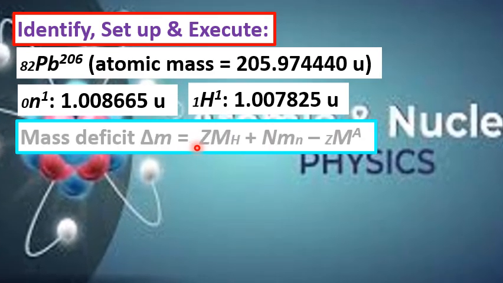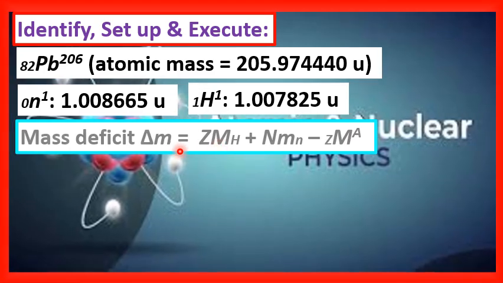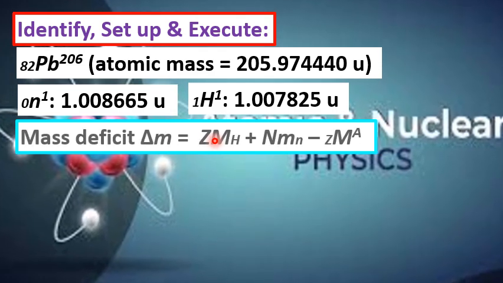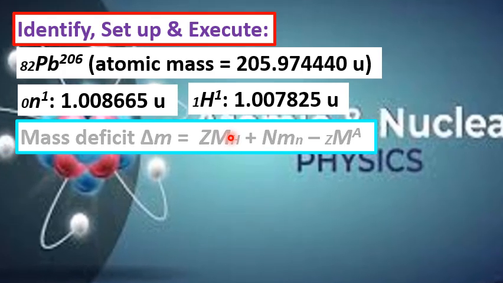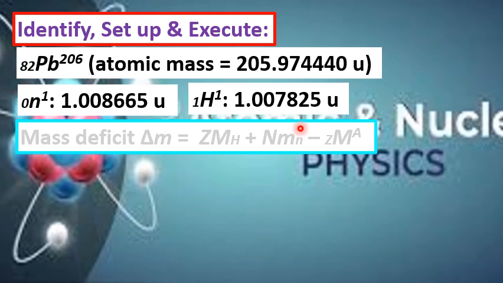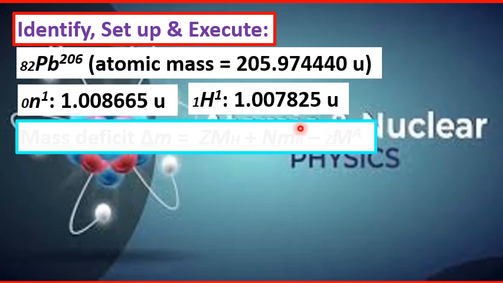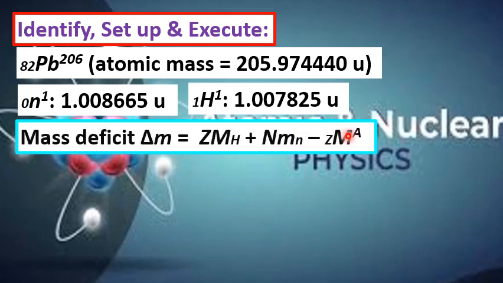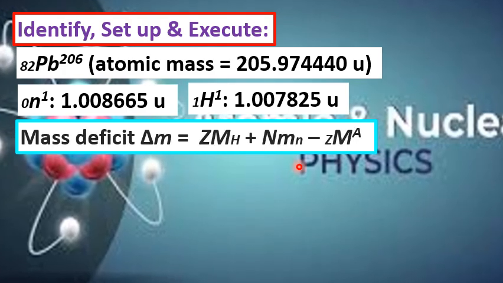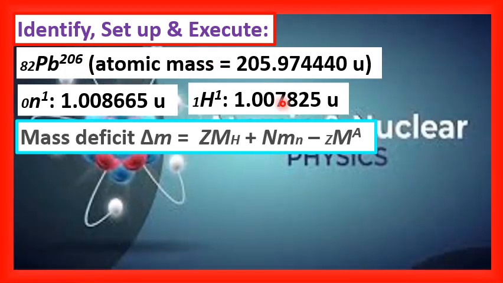The mass deficit delta M is just equal to the atomic number capital Z times the atomic mass of a hydrogen atom, denoted by capital M sub H, plus the number of neutrons, capital N, multiplied by the mass of a neutron, denoted by small letter m sub n, and then minus the atomic mass of the neutral atom containing the nucleus, which in this case is the atomic mass of lead-206.